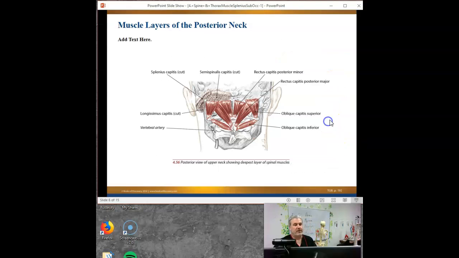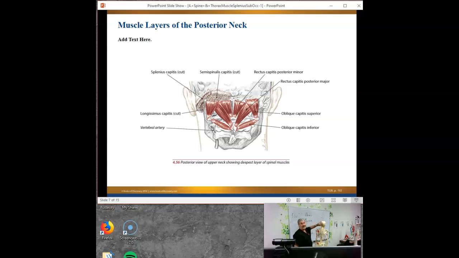Okay, let's move right along. Let's talk about going even deeper. We've gone underneath the splenius capitis, the semispinalis capitis, all that stuff. And we are in a group of 8 muscles here, 4 on each side, that are called the suboccipitals.